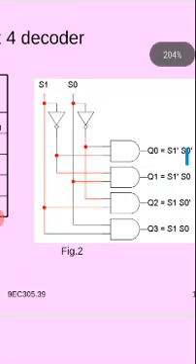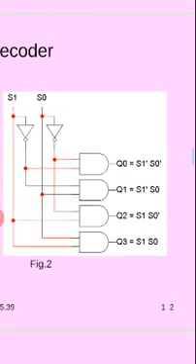This is the logic circuit. For Q0, it is S1 complement, S0 complement.